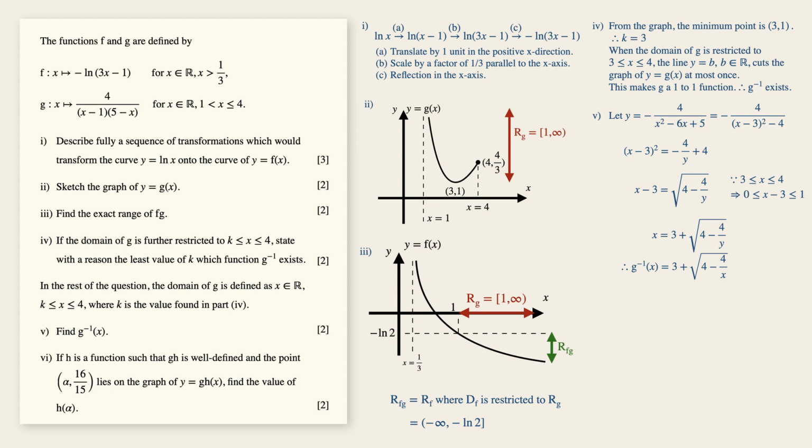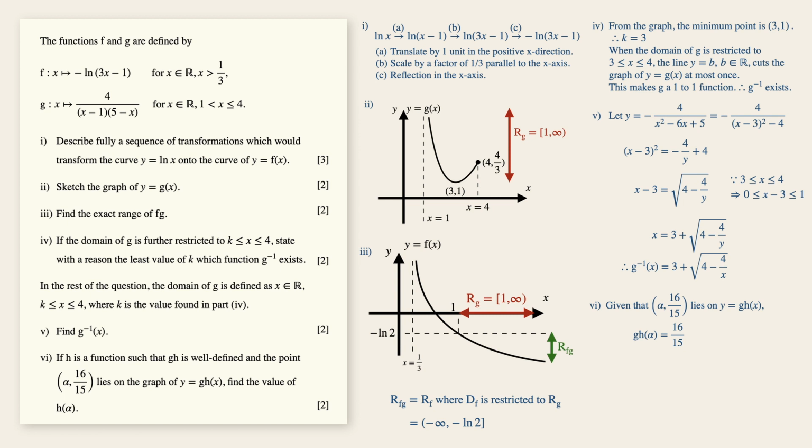Now part 6 is a challenging one where it is not so straightforward. Since alpha, 16 over 15 lies on the function gh, it means that if I were to feed alpha into this function, the output I will get is 16 over 15.